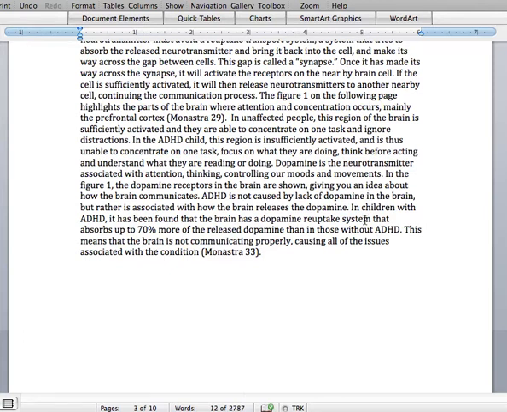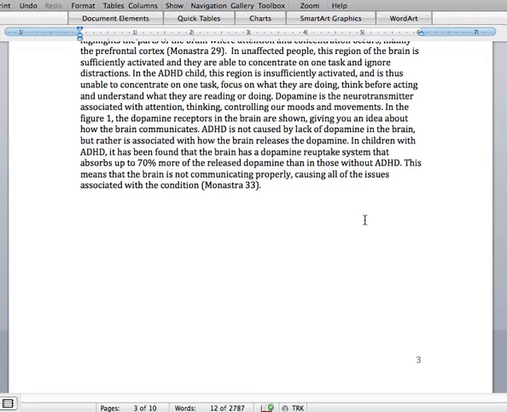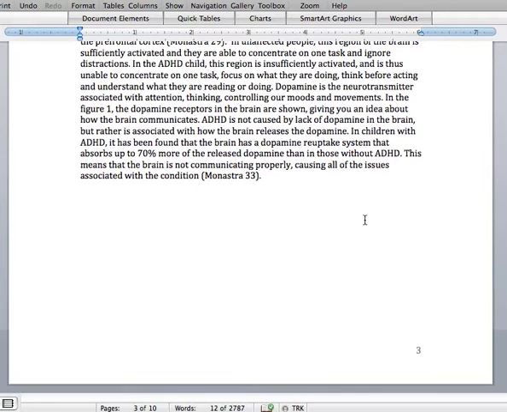So in the picture that I included, and you'll see that in a second, dopamine receptors in the brain are shown, giving you an idea about how the brain communicates. ADHD is not caused by lack of dopamine in the brain, but rather is associated with how the brain releases the dopamine.